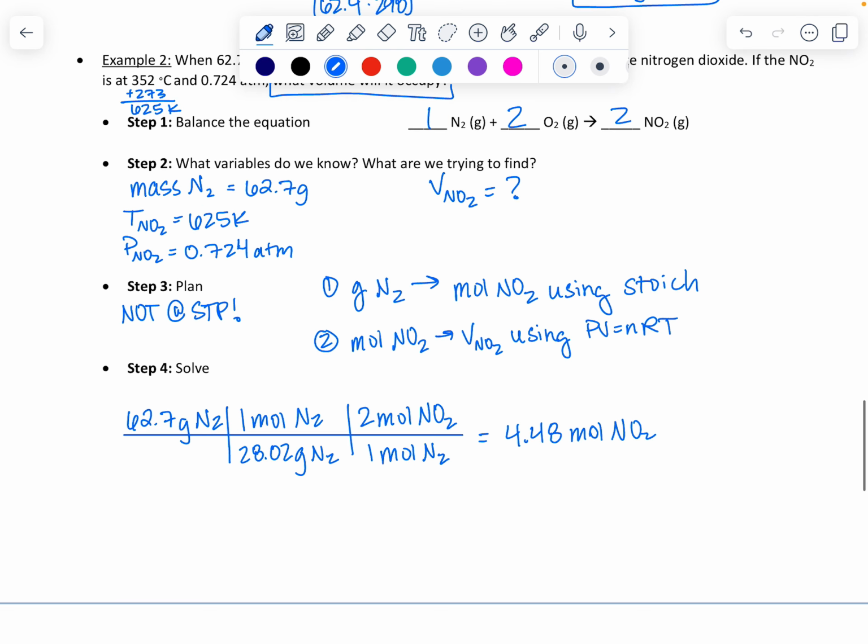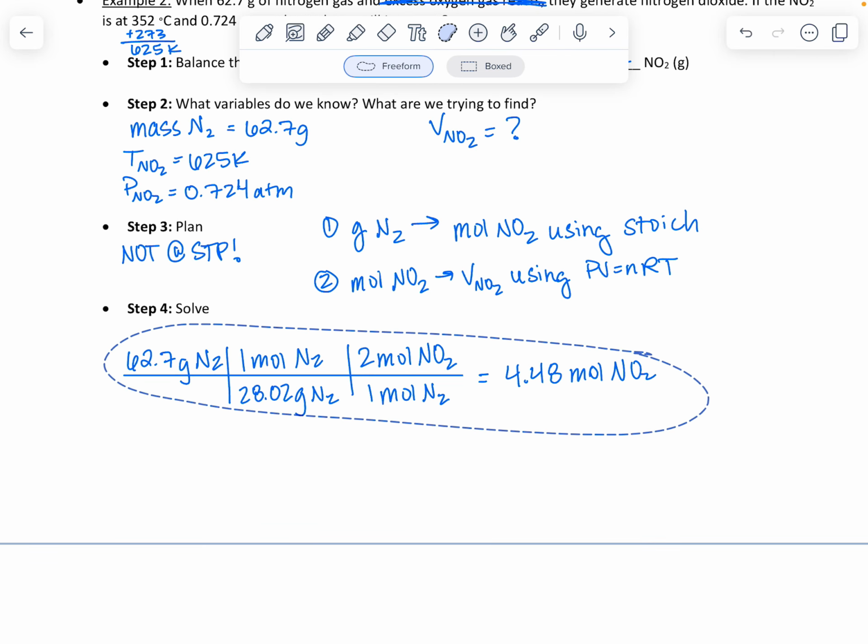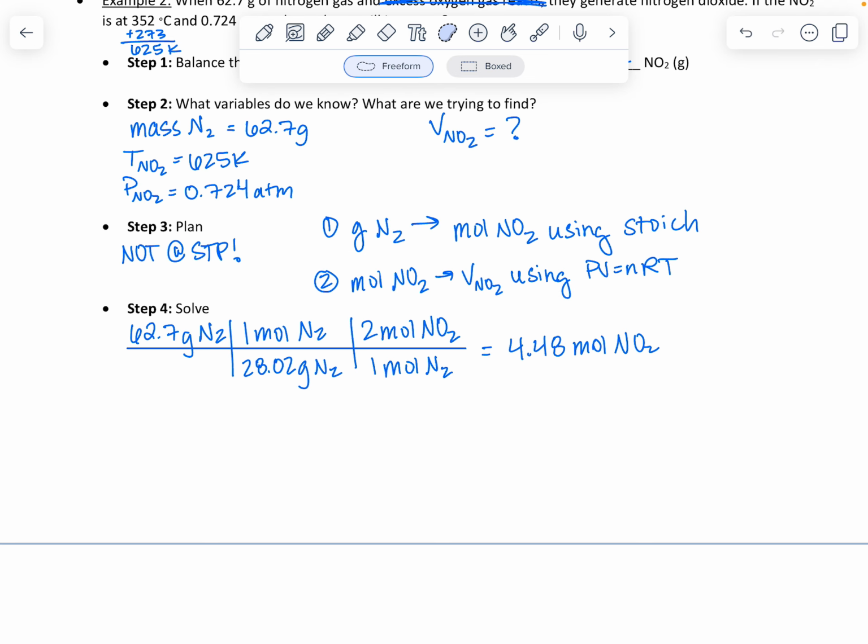So now we can take that number and plug it in with the rest of the numbers from the question that we didn't use, and solve PV equals nRT. Okay, so let me move this up just a little bit. Pressure, volume, moles, R, and temperature. The pressure was 0.724 atm.